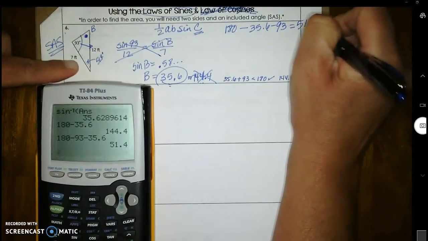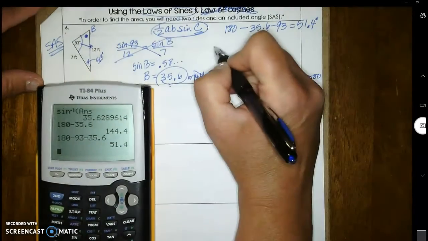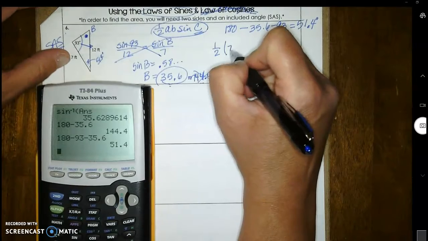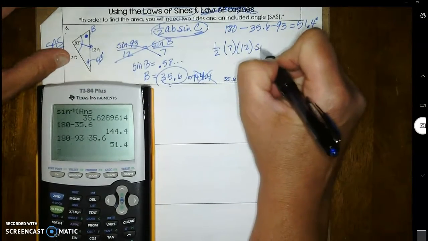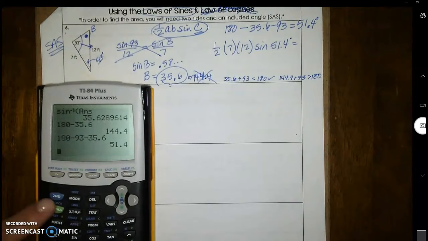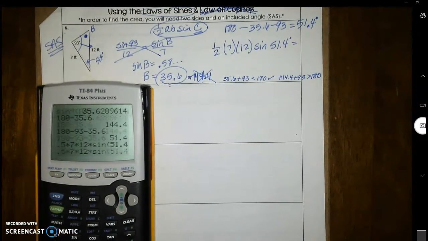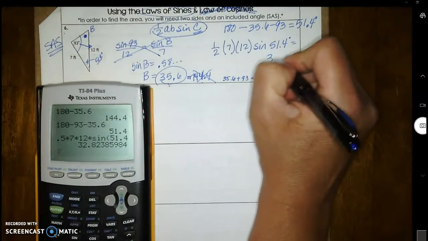And that is the angle we're going to use in our area formula, okay? So I'm going to do 1/2 times 7 times 12 times the sine of 51.4. Okay, and we should get 32.8.